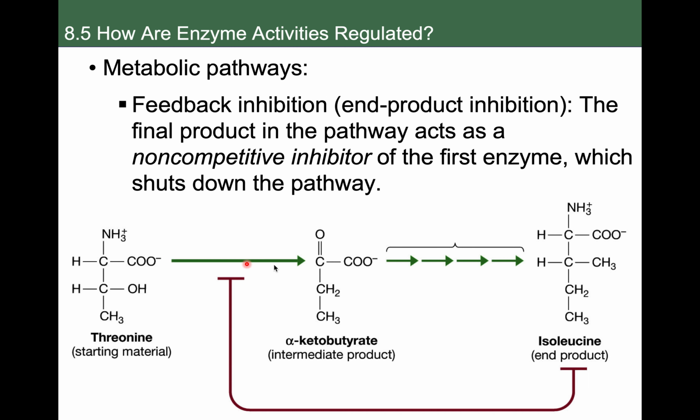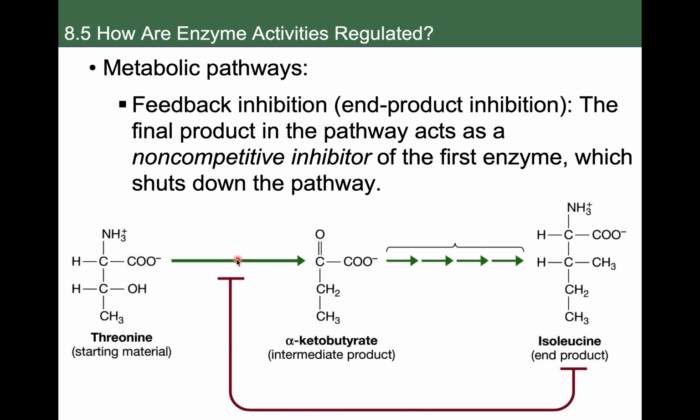What we're looking at down here at the bottom is one of these metabolic pathways that I was describing earlier, where each green line is a different chemical reaction that's catalyzed by a different enzyme. The first reaction in this particular pathway utilizes the amino acid threonine as the substrate.